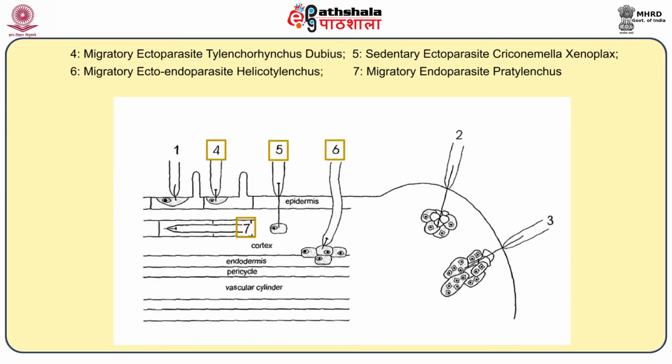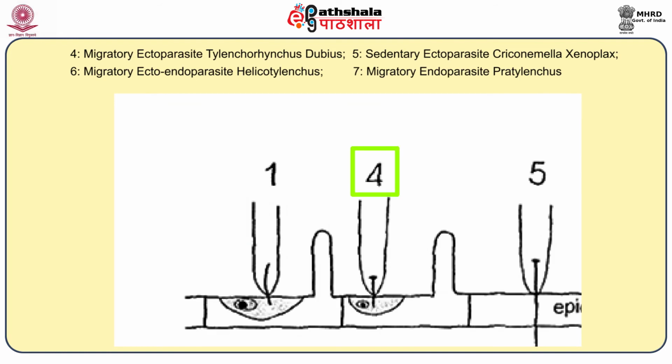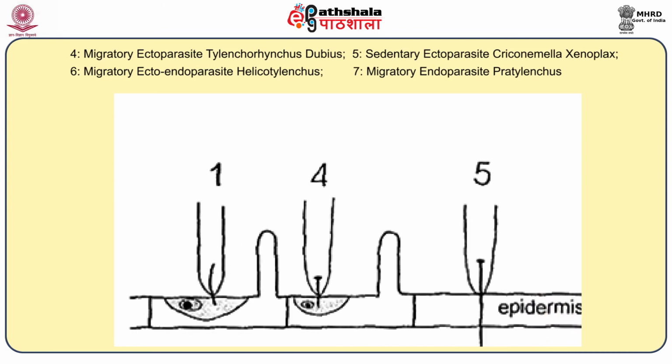In this schematic representation of the feeding sites of migratory root parasitic nematodes that we have seen, the numbers 4 to 7 represent Tylenchid nematodes. Of these, the figure 4 represents the feeding site of the migratory ectoparasite Tylenchorhynchus dubius.